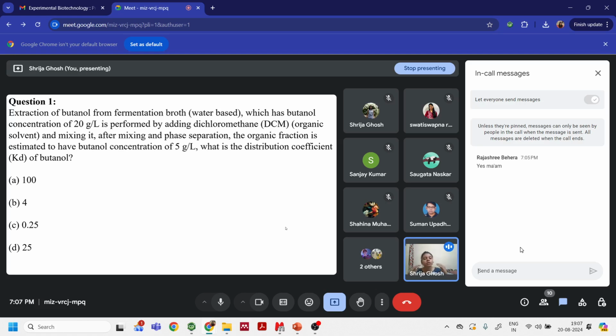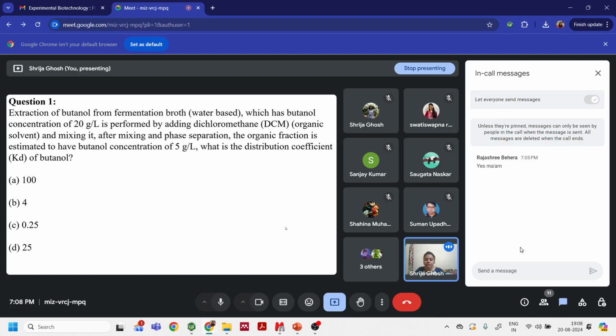How much butanol is going into the organic phase versus how much is going into the aqueous phase, that ratio is basically the distribution coefficient. In very simple words, how much of that one component you are trying to extract from the mixture gets separated between two different phases. This is in very layman language.